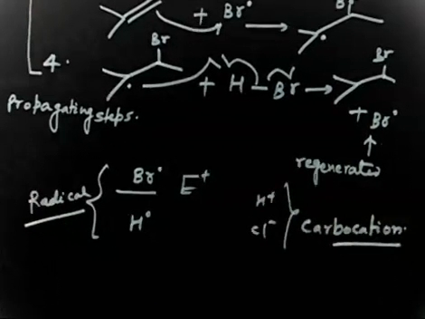So you can be confused: why am I getting the opposite product, why anti-Markovnikov? This is because in one reaction H dot is attacked in the second step, and in another reaction H plus is attacked in the first step, and that's why we have the two different products. Okay, let us copy this one and then we will discuss the next problem.